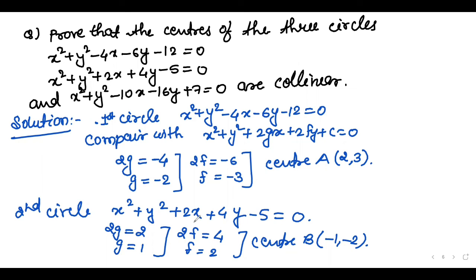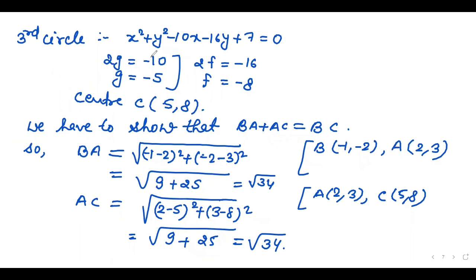Comparing with the general equation of a circle, 2g equals to 2, then g equals to 1, and 2f equals to 4, then f equals to 2. So center B is (-1, -2). Now the third circle, x square plus y square minus 10x minus 16y plus 7 equals to 0. Comparing, 2g equals to minus 10 and g equals to minus 5. And 2f equals to minus 16, then f equals to minus 8. So the center is C (5, 8).